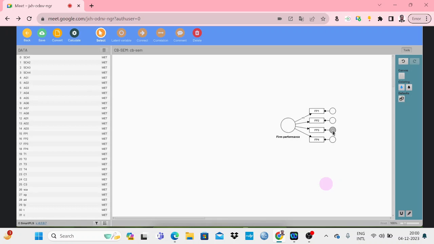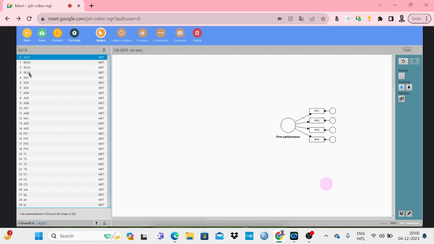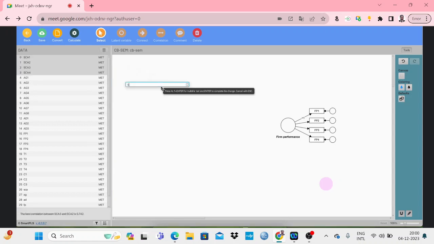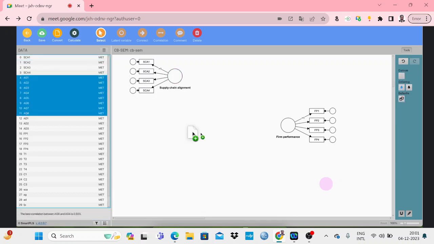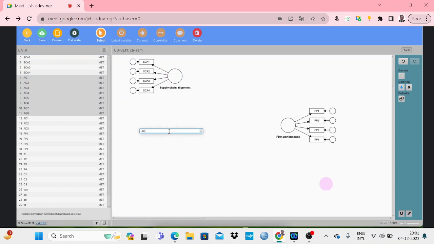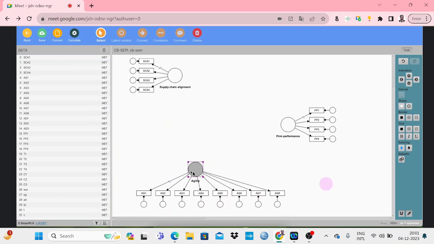These are the error terms associated with each indicator. Similarly, we will add every other variable. We'll call this supply chain alignment. Then we have 8 items for agility.